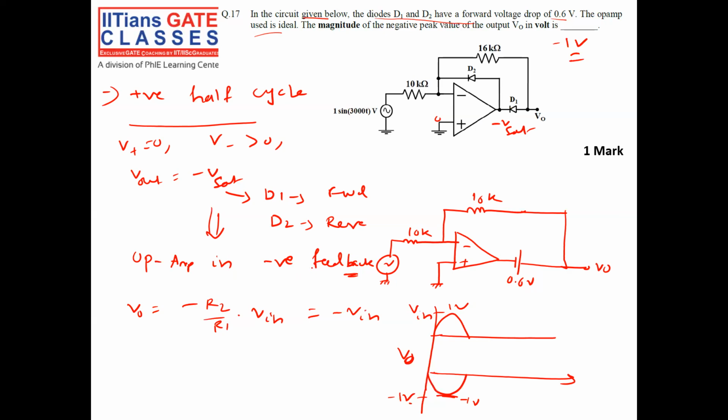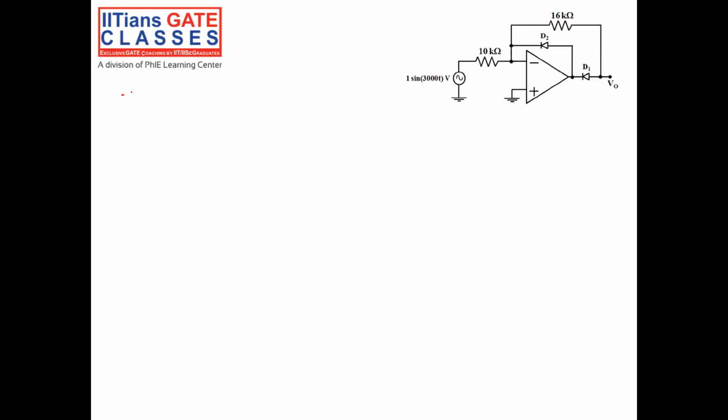What will happen in the negative half cycle? Since I don't know the condition of the diodes, we assume they are open. Then V negative will be negative and V positive is equal to 0.